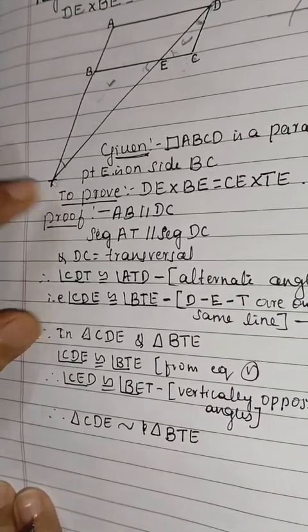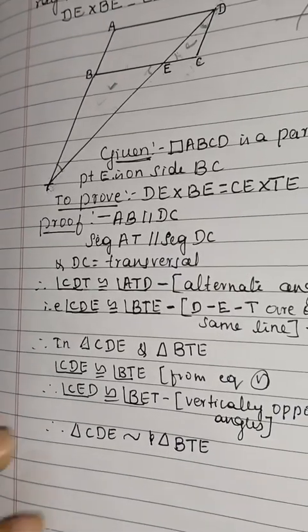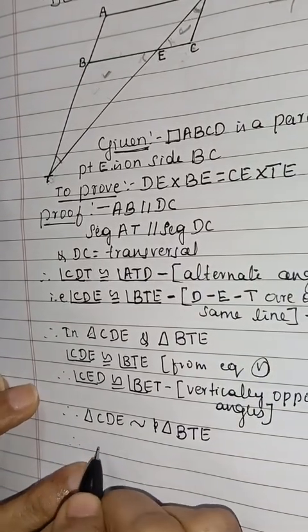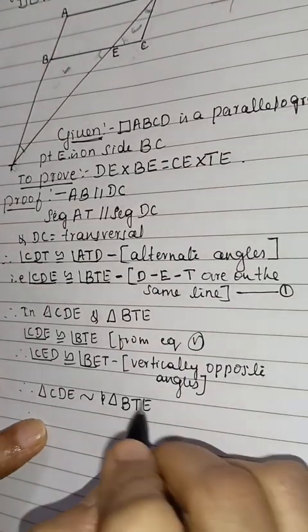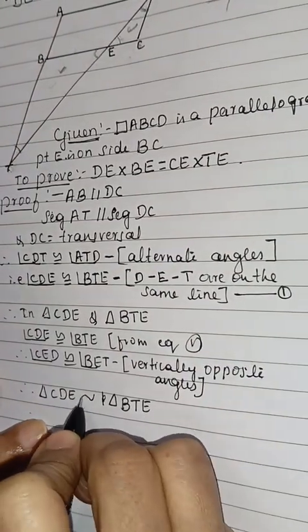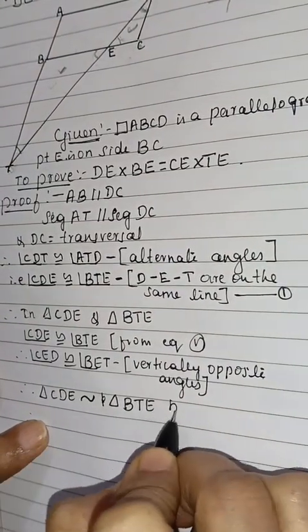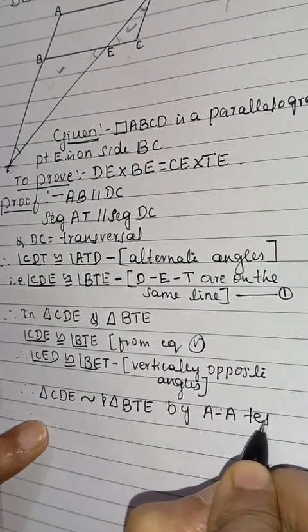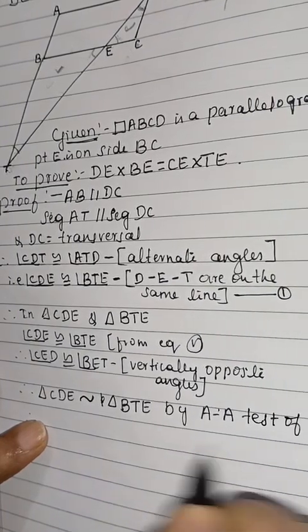Now write the corresponding sides, the ratio. Therefore, this is by AA test. They are similar, no? Similar by angle-angle test of similarity.